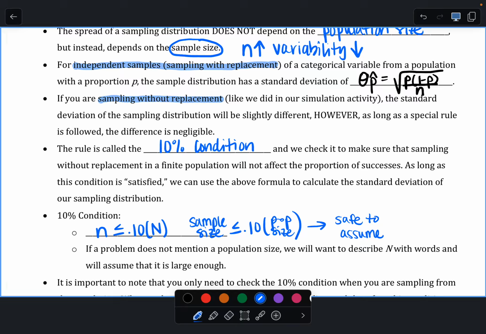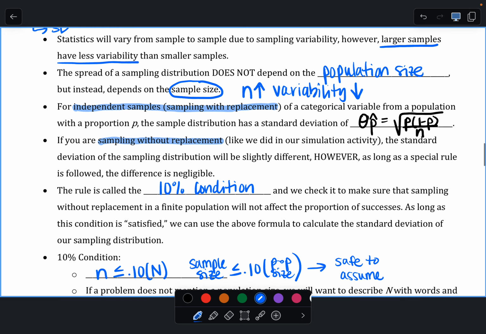So like patient A is independent of patient B, independent of patient C. If you have independence, you can just use the formula. If you don't have that, and usually when you are sampling from a population you don't, that is when you check 10% condition. If all else fails and you don't know which one you're supposed to do, because we will go through both today, check 10% condition. And if it doesn't make sense, then just say they are independent, because one of those two things has to be true in order to find a standard deviation.